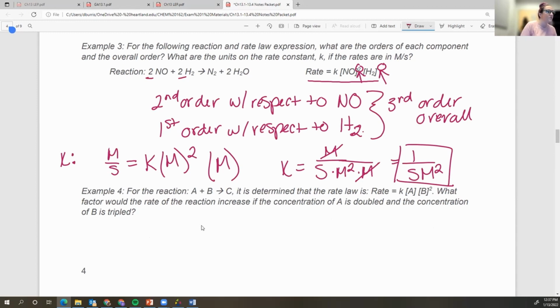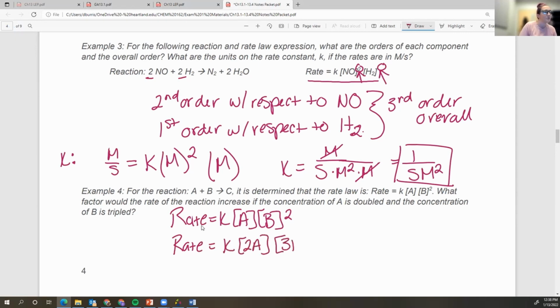So all I would do for this reaction is I'm going to rewrite my rate law down here. Rate equals K times A times B squared. And I'm going to substitute in these numbers. So what would the rate of the reaction increase by what factor if the concentration of A is doubled? So I'm going to do rate equals K times now 2A, and B is tripled, 3B, remember that's squared.